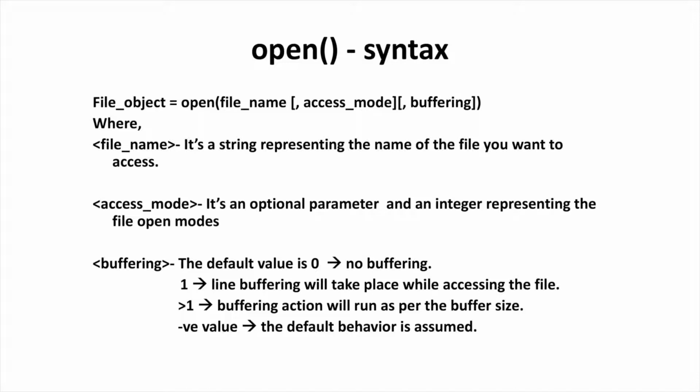The default value is 0, which means no buffering. If it is 1, that indicates line buffering will take place while accessing the file. If its value is greater than 1, then it means buffering action will run as per the buffer size. Negative value for buffering option indicates that default behavior is assumed.